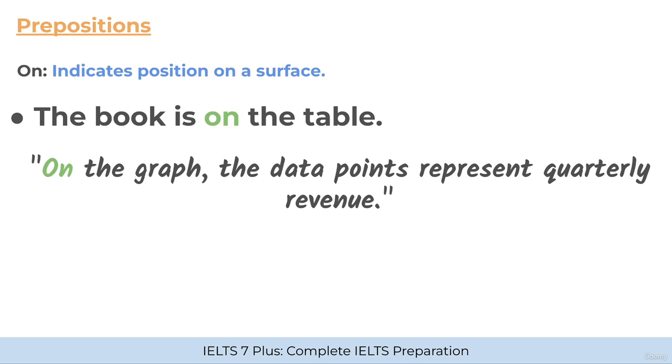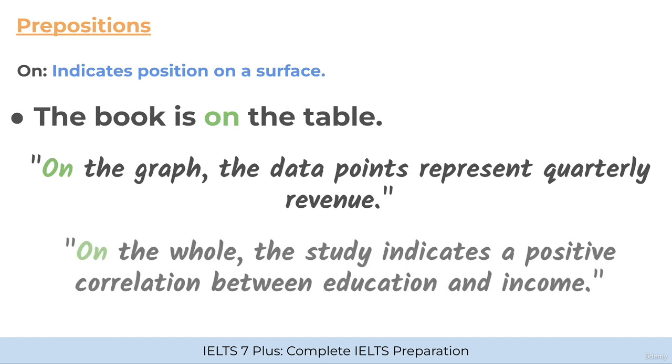So the data points on the graph, on the surface of the graph that's already there, perhaps. On the whole, the study indicates a positive correlation between education and income. That's a great phrase, on the whole. That means altogether, in summary.